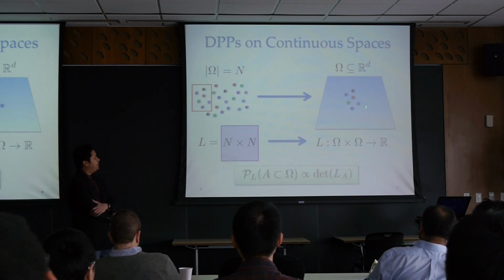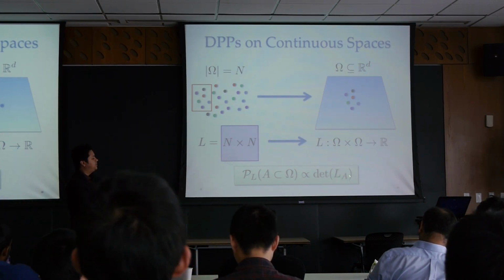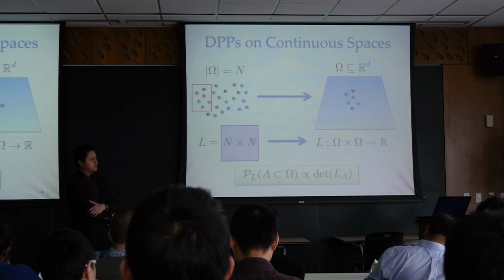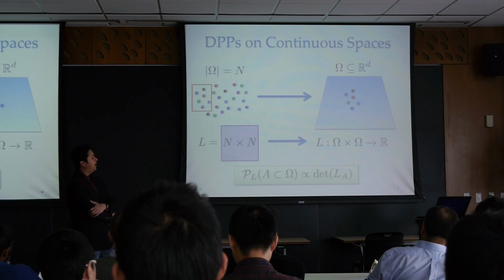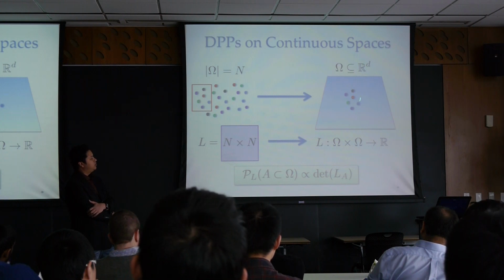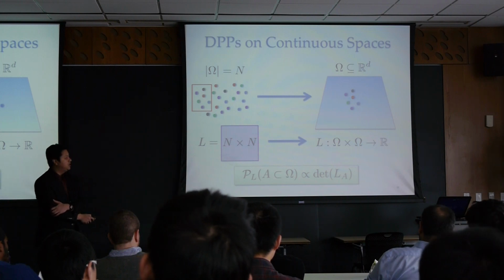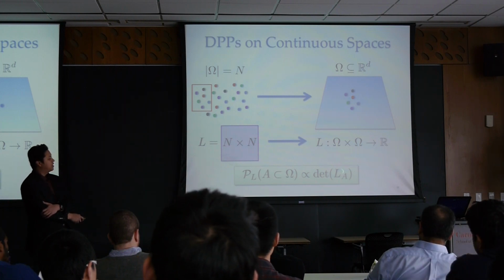We define the DPP on this continuous space as simply proportional to the determinant of that specific point configuration. It's still the same idea: if points are very close by, they span a small volume, so the probability is low. If the points are more spread out, they span a larger volume, so the probability of choosing that configuration is higher in DPP.